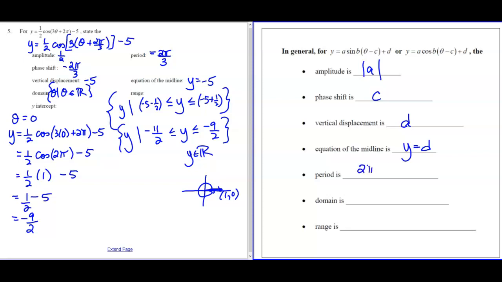Equation of the midline, y is equal to d. Then the period is 2 pi over b. Or if it was in degrees, remember it would be 360 over b. Sometimes we'll be saying that in degrees.